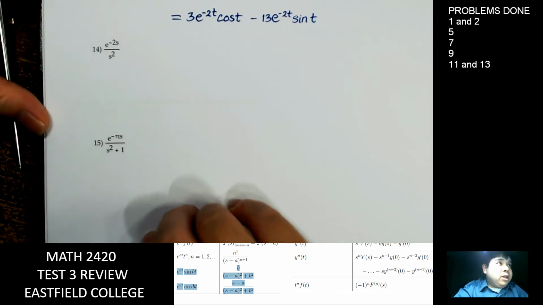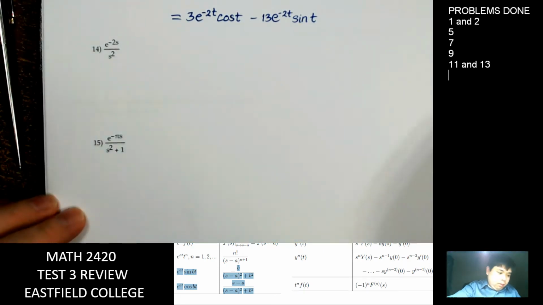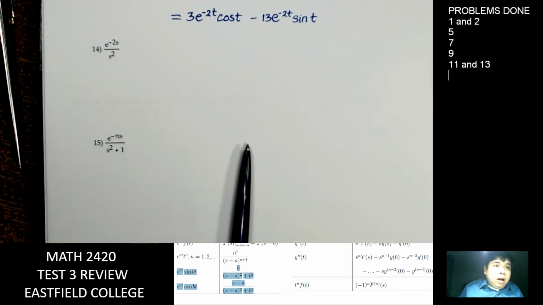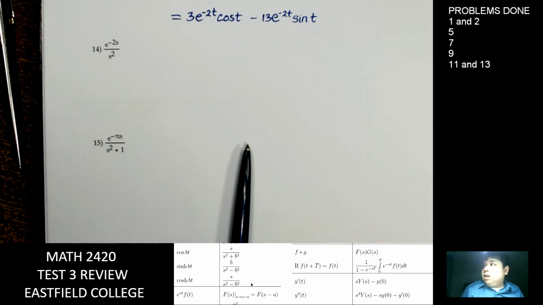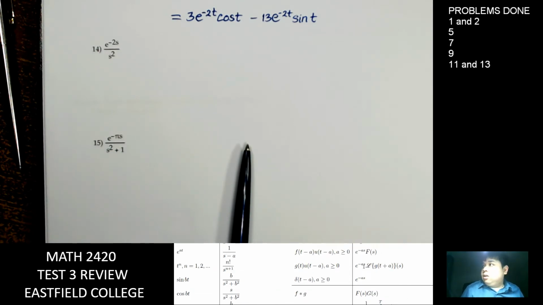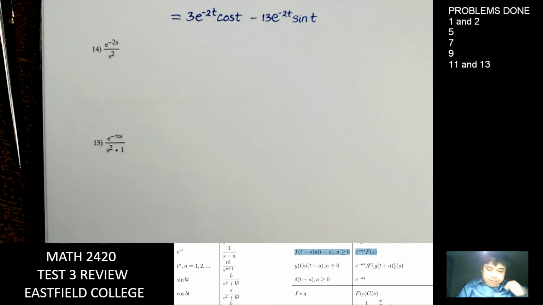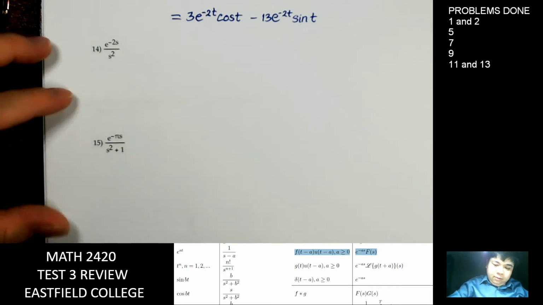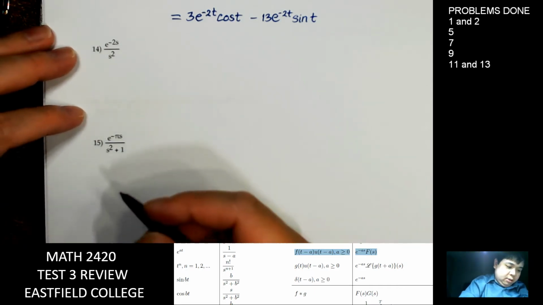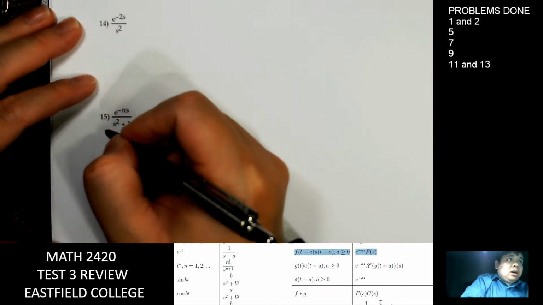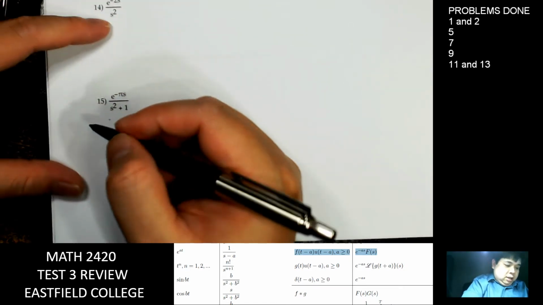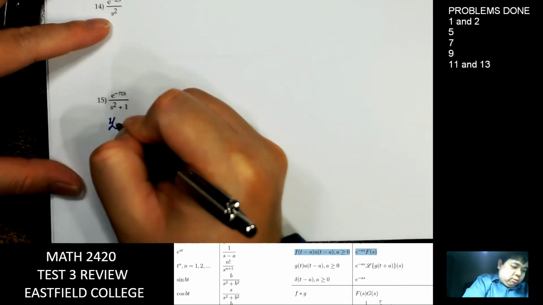Now we go to 15. Right. In 13 we had e to the negative as. Pretty much this. So 15, inverse transform.